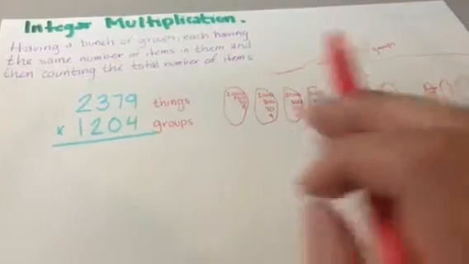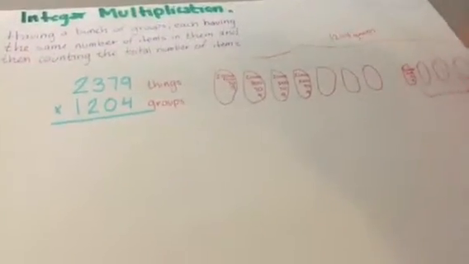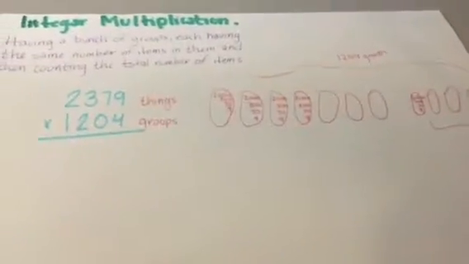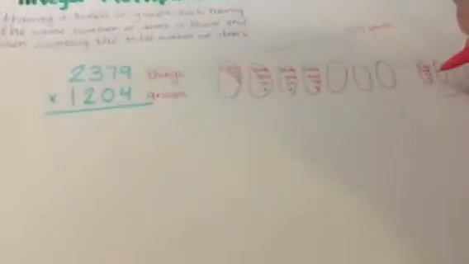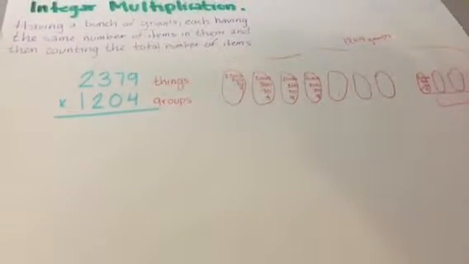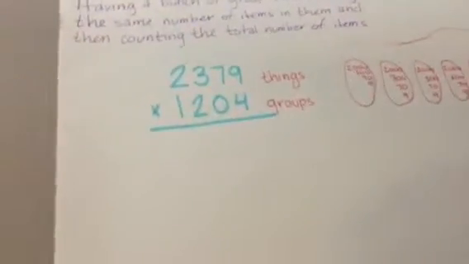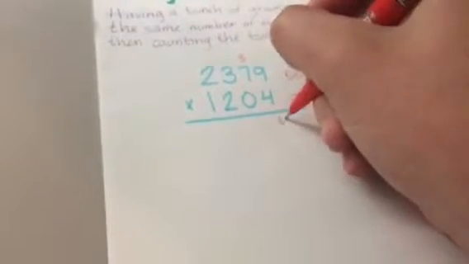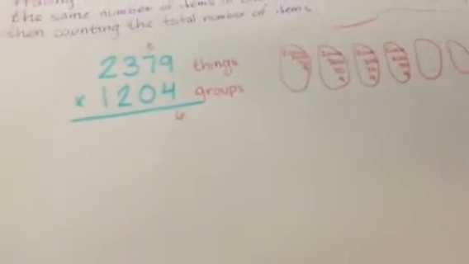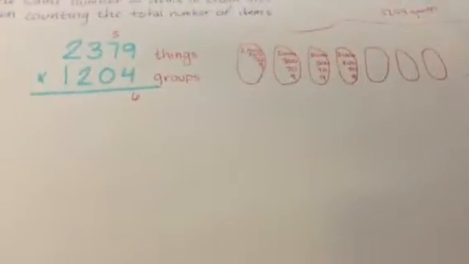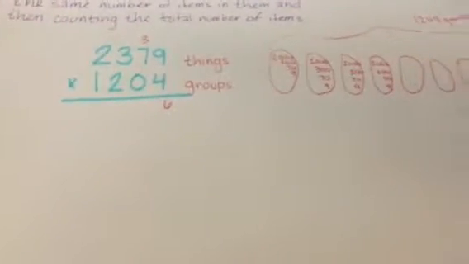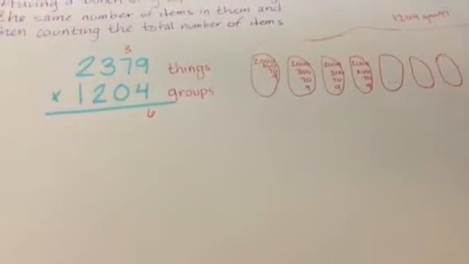So I'm going to go to my last 4 groups, and the number in the singles place is a 9. So 9 times 4 is 36. So that means 4 groups had 9 things in them, which equals 36.